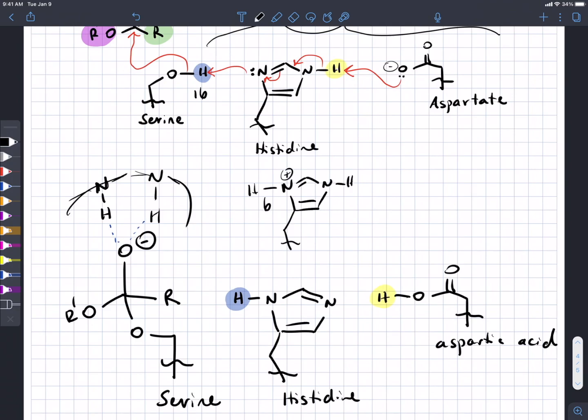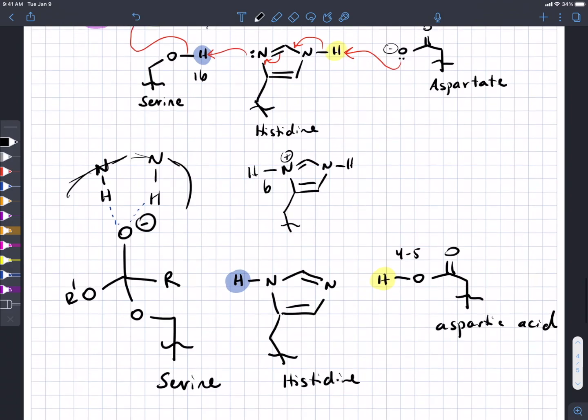So you would think that this type of proton transfer would be unfavorable by a factor of 10 billion. Similarly, you would not necessarily think that aspartate would be able to remove a proton from protonated histidine, because the pKa of the carboxylic acid, once you get a proton on it, is around 4 to 5. So histidine should be a stronger base than aspartic acid.